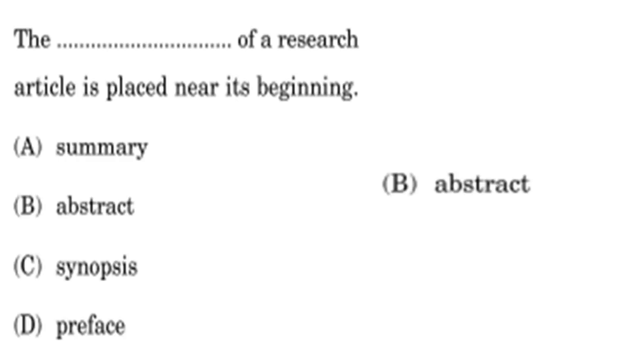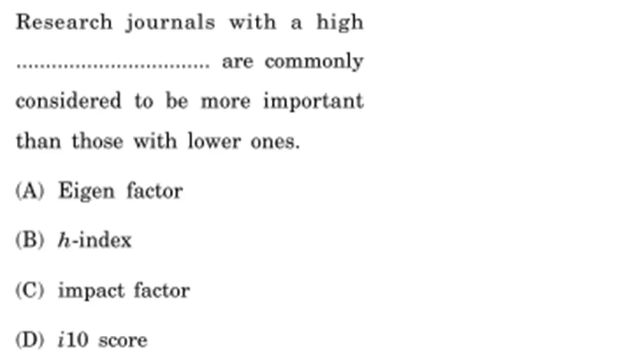Friends, I hope you have understood this. Now the next question: research journals with a high dash dash are commonly considered to be more important than those with lower ones. The four options are the eigen factor, H index, impact factor, I10 score.